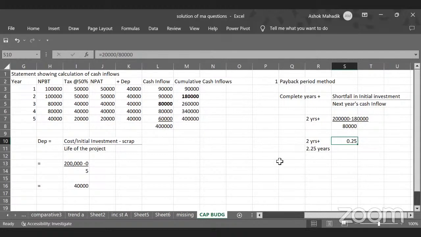Now, the second method is post payback profitability. Here it is simple. Total cash inflows minus initial investment.